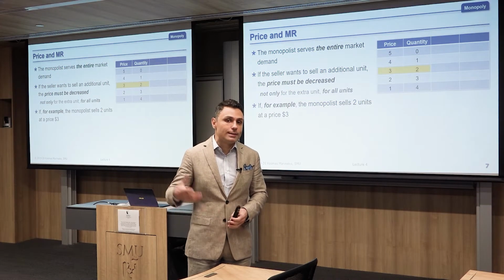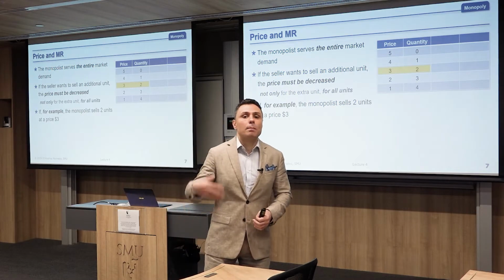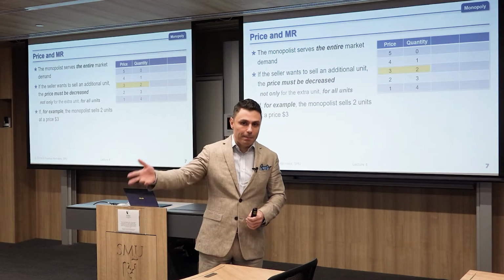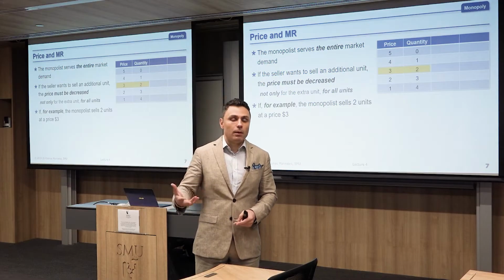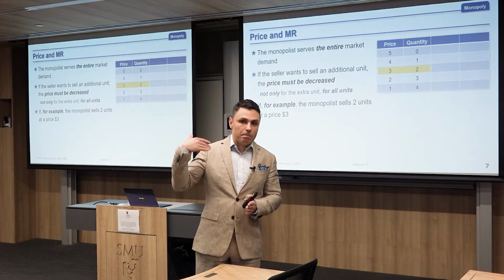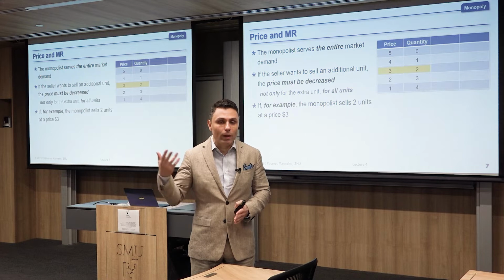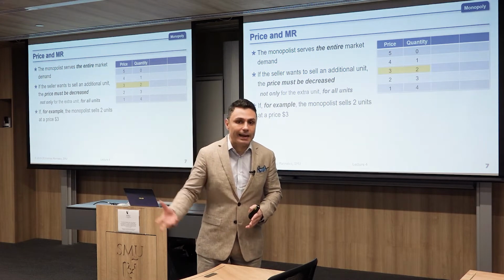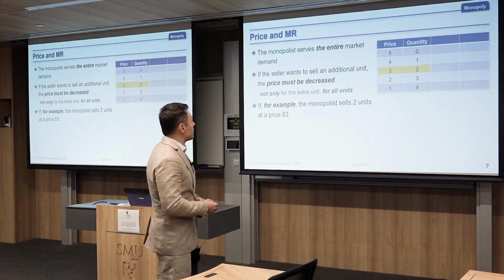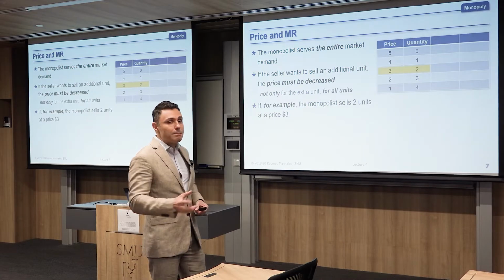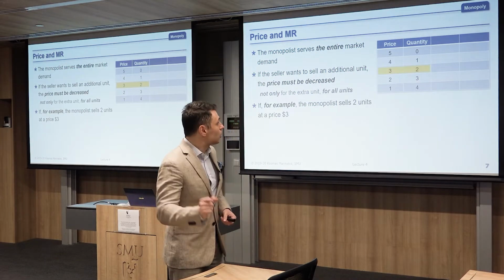The monopolist will not say, I will set my price to $1 million and I want you to buy 1 million units. The monopolist can set the price, but how many people will consume the product is reflected by the demand curve, and that's why for the monopolist the demand curve is super crucial.